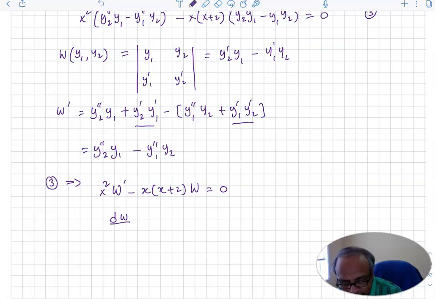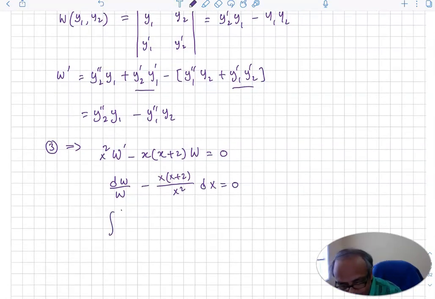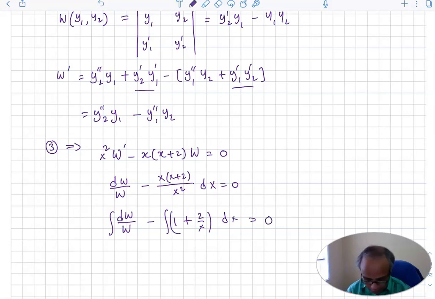So you separate, and then you can solve it for W. If you separate, you get dW over W minus x times (x plus 2) divided by x squared dx equals 0. Maybe you manipulate the second term a little before you integrate. The second term will be x squared by x squared, which is 1, and then 2x by x squared, so it's 2 over x dx, equals 0.